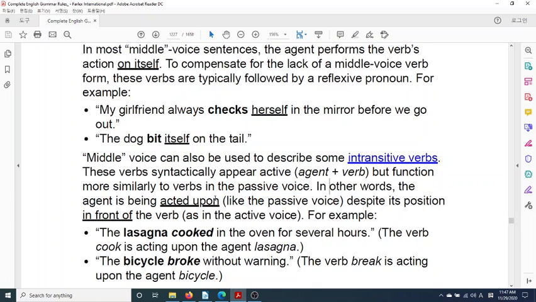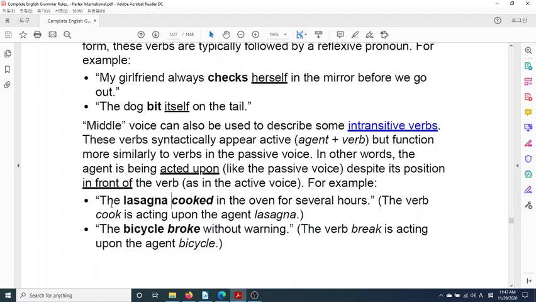In other words, the agent is being acted on, like the passive voice, despite its position in front of the verb. The lasagna cooked in the oven for several hours. The verb cook is being acted upon the agent lasagna. The bicycle broke without warning. The verb break is acting upon the agent bicycle.